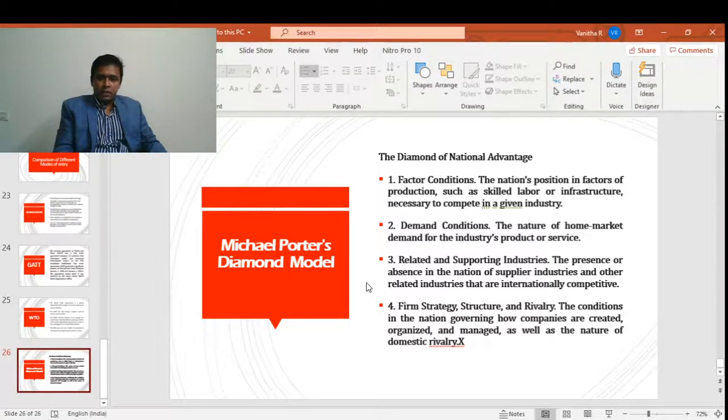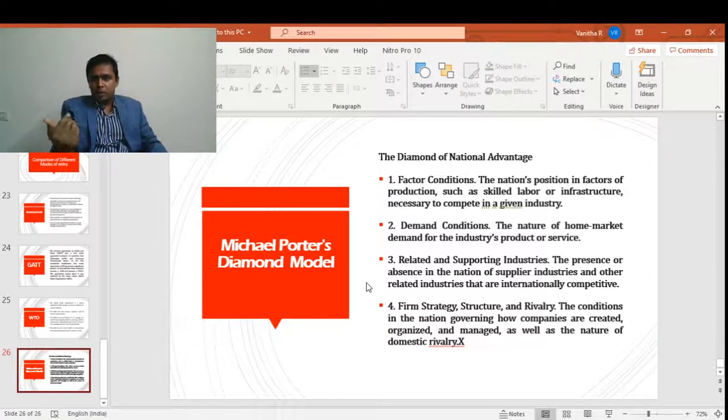I mean, this is what he's saying here. Home market demand for the industry's product or service. That is why this is subtitled as demand conditions. In the factor conditions, previously we studied about the factors that come to you as a gift.